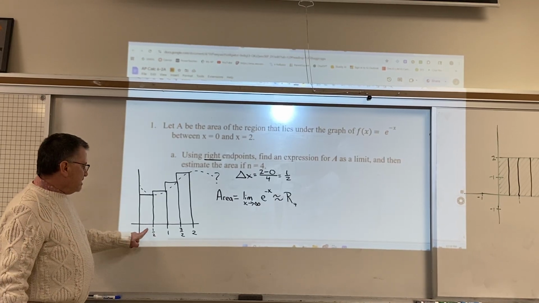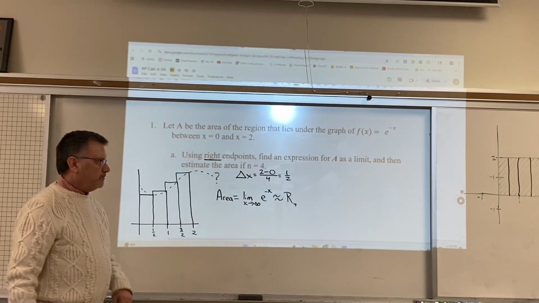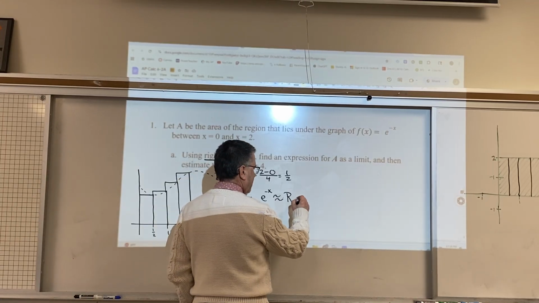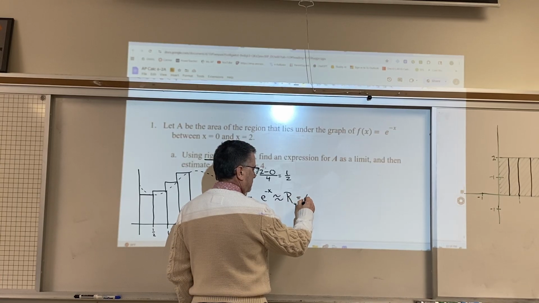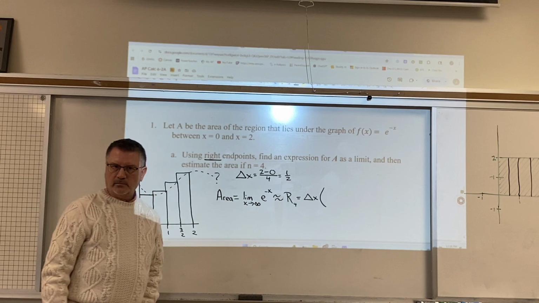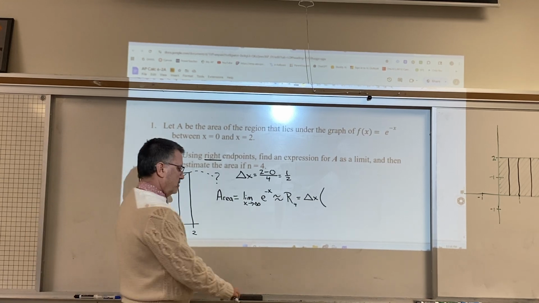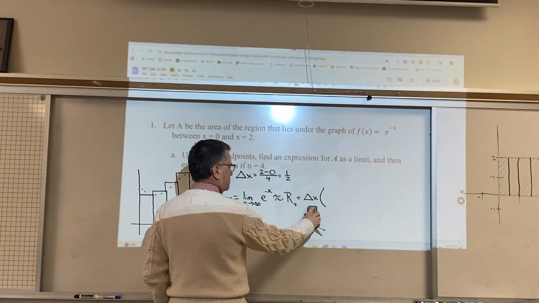But since we did each of the bases the same width, why don't I pull that out? I'll just pull that out. Well, the change of x is going to be 1/2.